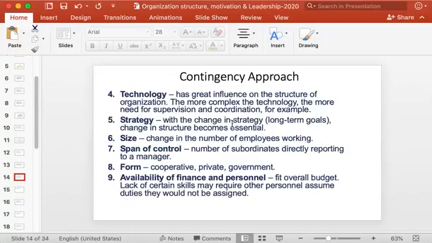Some technology may be more complex, and the need for supervision and coordination may be high, or the technology may be such that it may require very less people to supervise and coordinate. Like, for example, organizations that are operated using artificial intelligence.